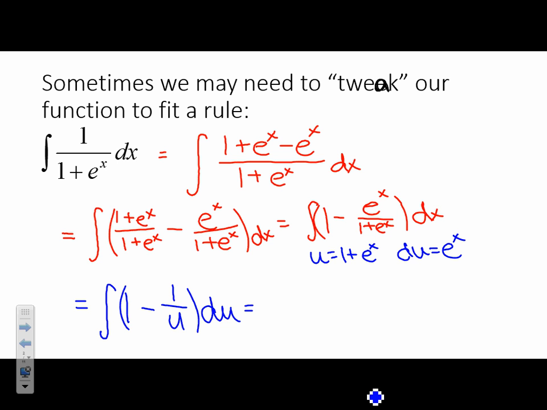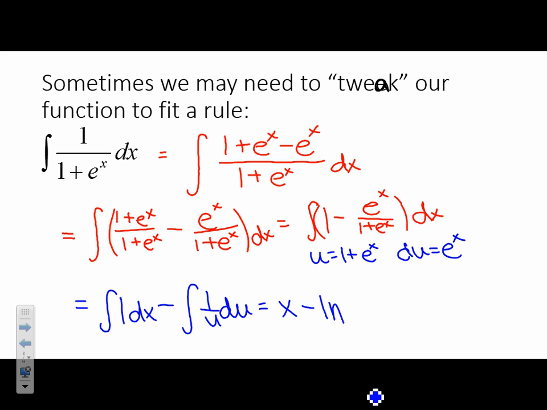Well, how about we do this? We are going to have to take it apart. 1 dx minus 1 over u du. So the antiderivative of 1 is x, minus the antiderivative of 1 over u.